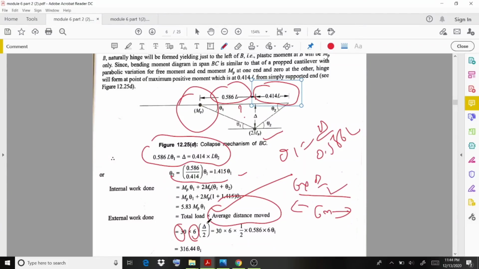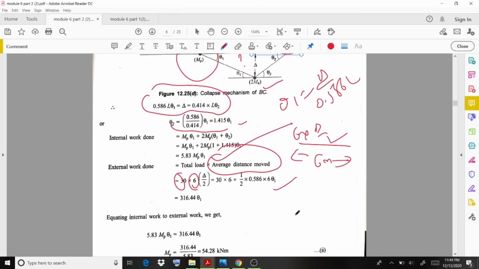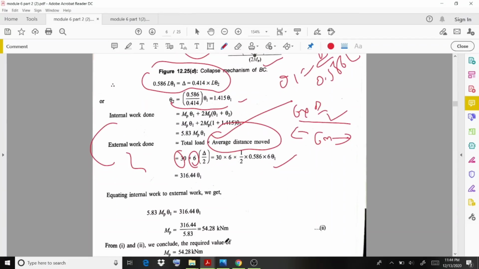Instead of delta, you can substitute 0.586L, where L is the total span length, 6. If you substitute, you get this value, and then you equate the internal work done and external work done. You will get the MP value as 54.28 kilonewton meter.